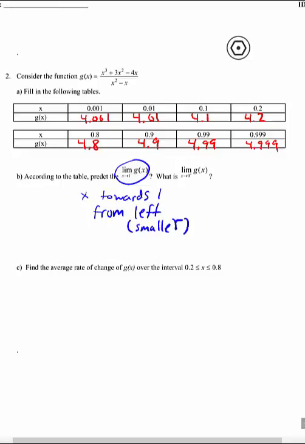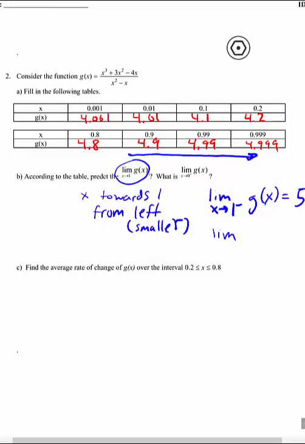So it's from numbers smaller than 1, so going higher and higher. That's basically saying we're going this way. 4.9, 4.99, 4.99. That tells me those numbers are getting closer and closer to 5. So the limit as x approaches 1 from the left side is going to be equal to 5.